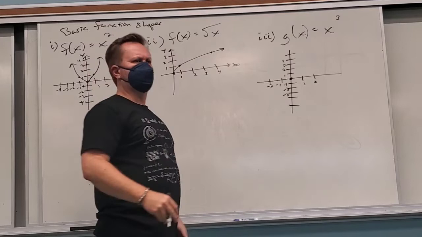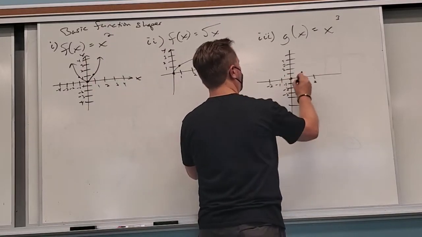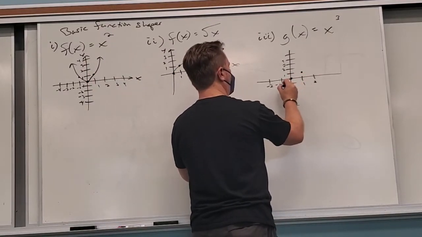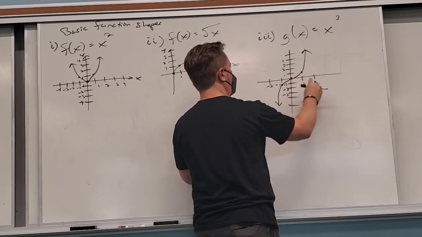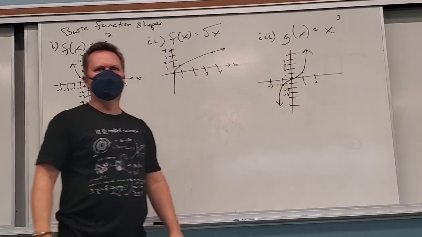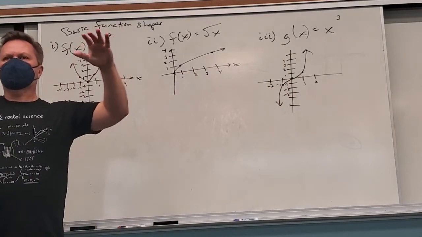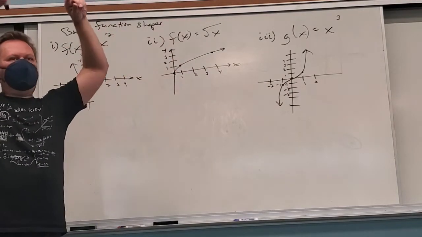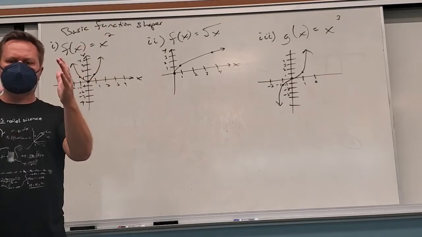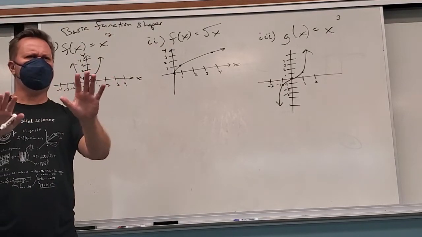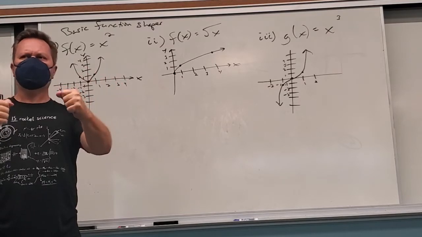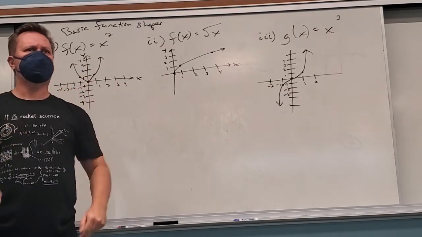What's 1 cubed? 1. And what's negative 1 cubed? Negative 1. So then it does this here. This is the basic shape of it. I could have done 2, 8, I just didn't feel like it. So my anchor points are, again, negative 1, 0, 1. Some nice middle of the shape anchor points. You guys with me? So you have to know the shapes. You just have to.